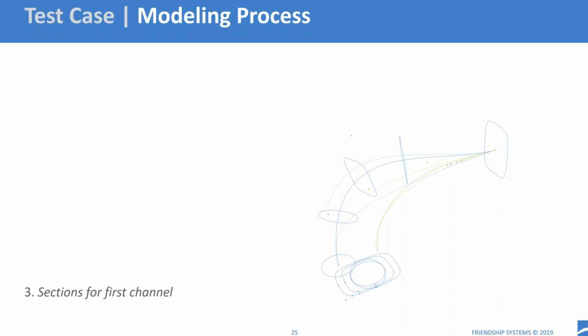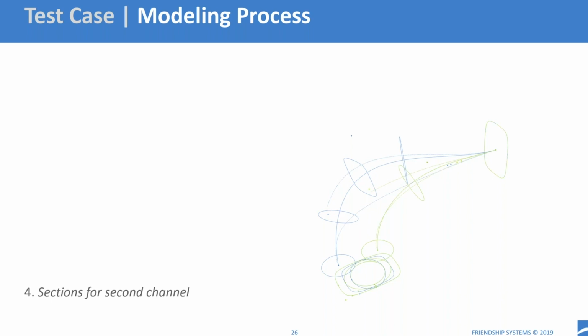In this case, we have used a slightly different approach, which is using discrete cross-sections, because it's somewhat more efficient for this port geometry. We have created some cross-sections here for the first channel, as well as a smaller number for the second channel.